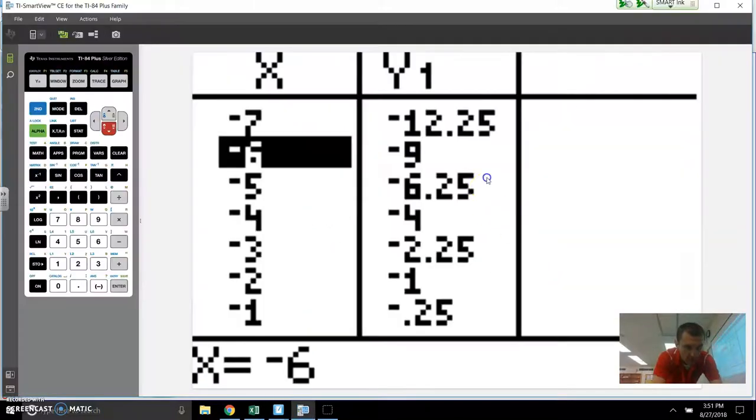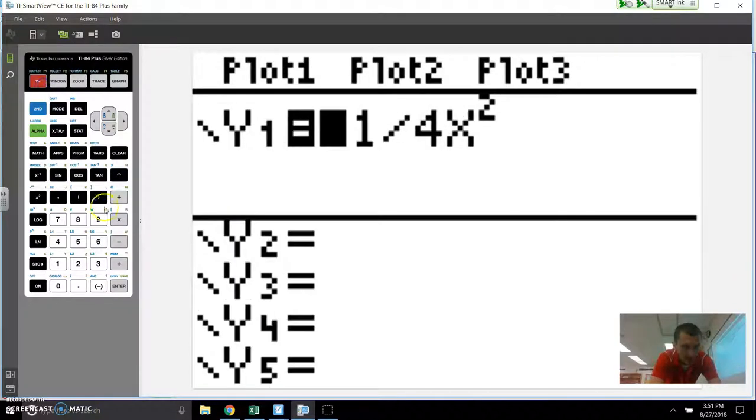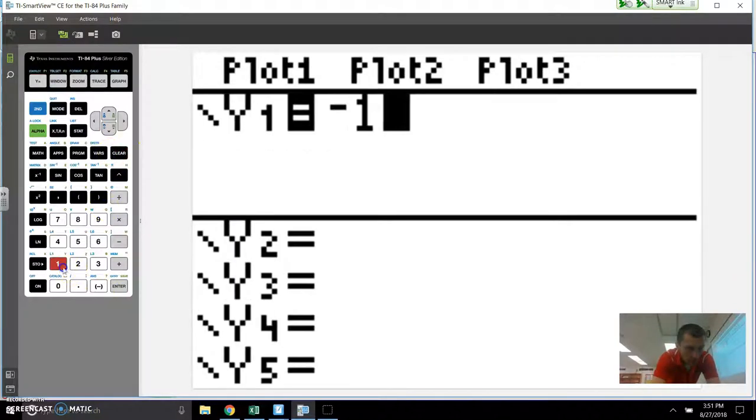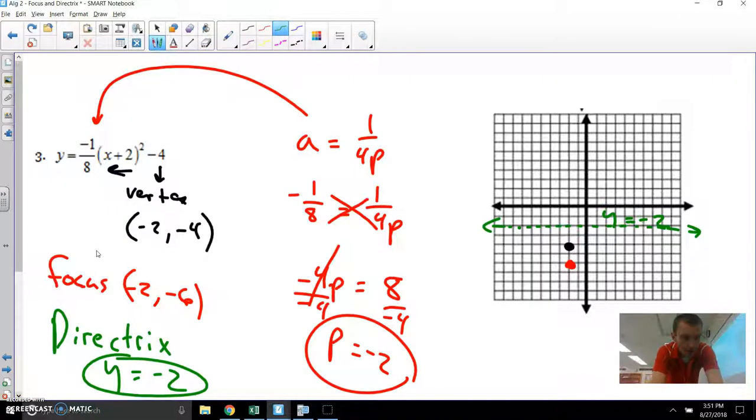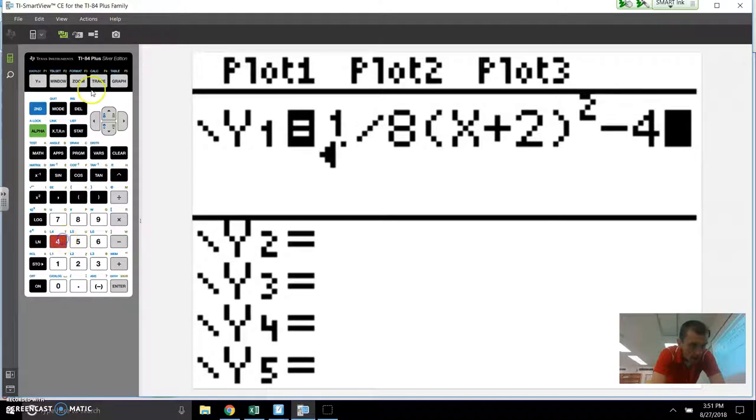So let's plug this one into our y equals and see what that gives us. -1 divided by 8. It looks like we have x plus 2 squared, and then we're going down 4, so -4.